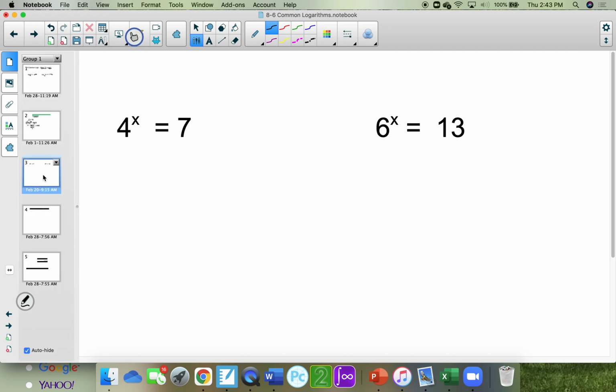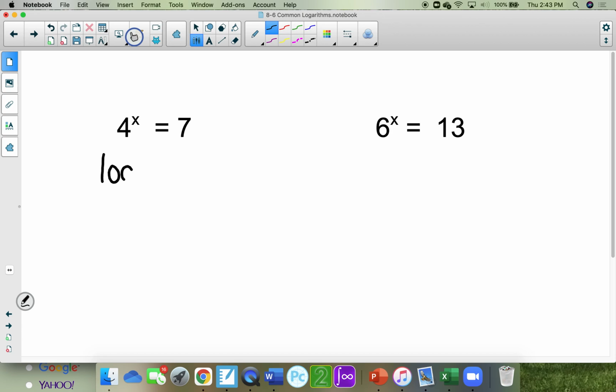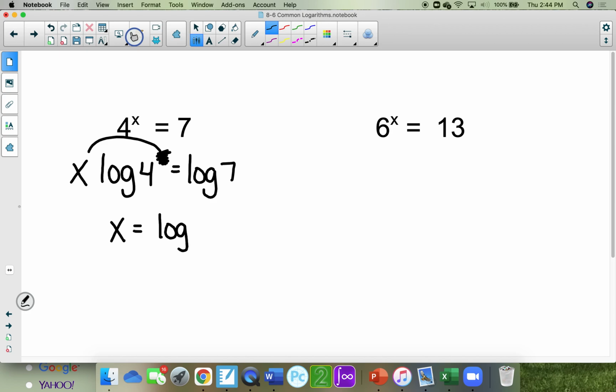Now let's do a couple more. Log of 4 to the x equals the log of 7. I can take the x and put it out in front so it's no longer up above. So x is going to equal the log of 7 on your calculator divided by the log of 4 on your calculator, which is 1.404 to the nearest 3 places.